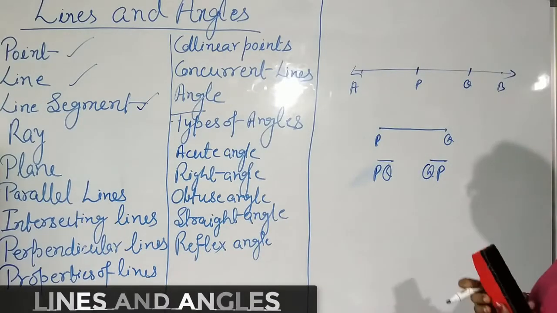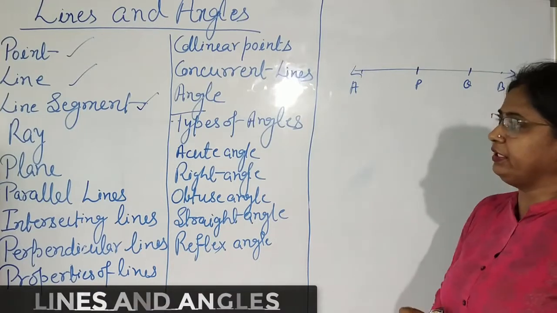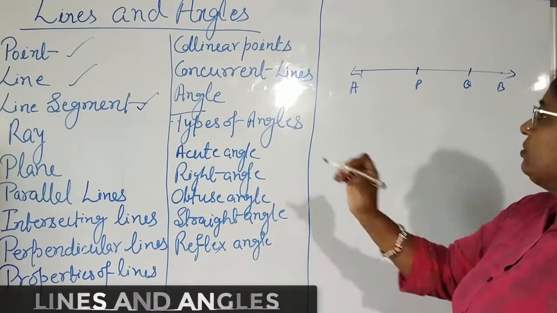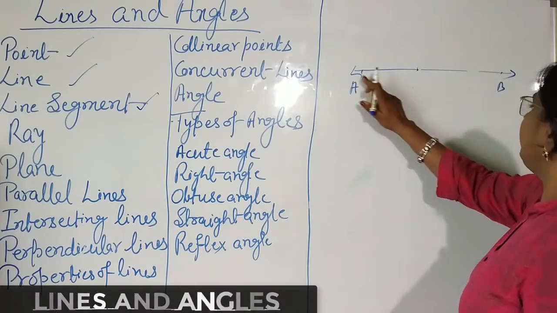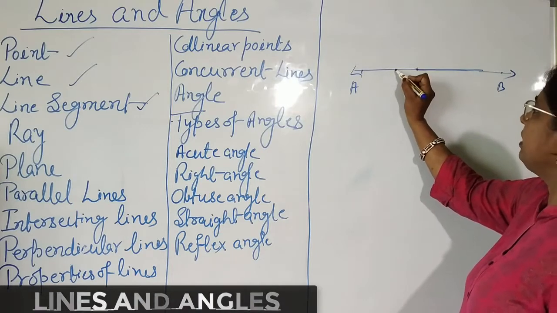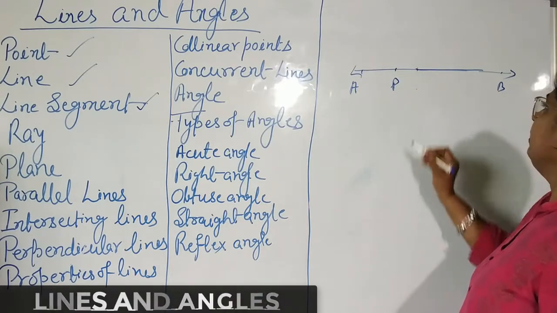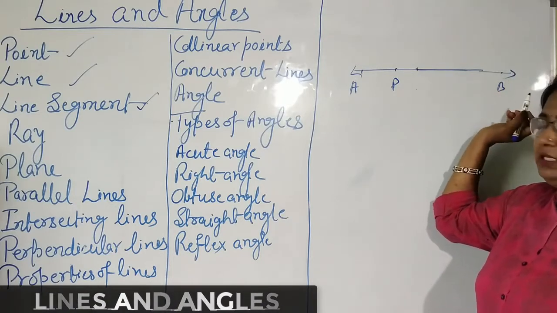Now fourth number is ray. Ray is a part of line. Suppose I am taking from P to endless distance.